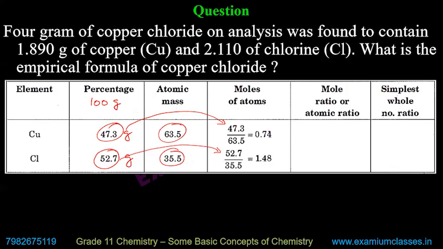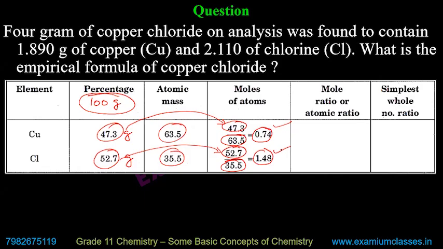So you will calculate the number of moles if the compound was 100 grams. Out of 100 grams, 47.3 grams copper, 52.7 grams chlorine. Then given mass upon atomic mass gave you moles. Given mass of chlorine divided by atomic mass of chlorine, moles of chlorine.